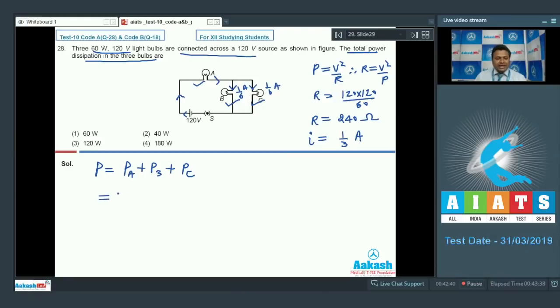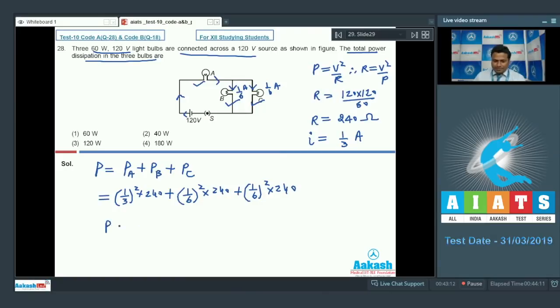Power dissipation in A is I square into R. I is 1 by 3, so 1 by 3 square multiplied by resistance 240, plus in B, 1 by 6 is the current, so 1 by 6 square into resistance, that is again 240, plus in C, current is 1 by 6 square, resistance is 240.